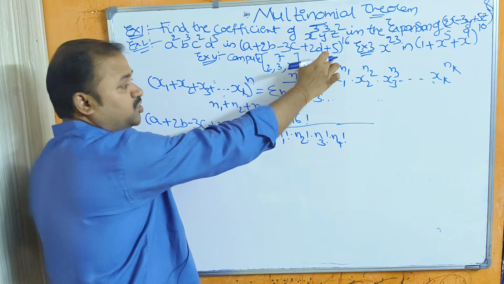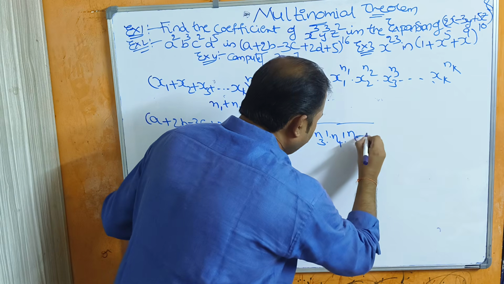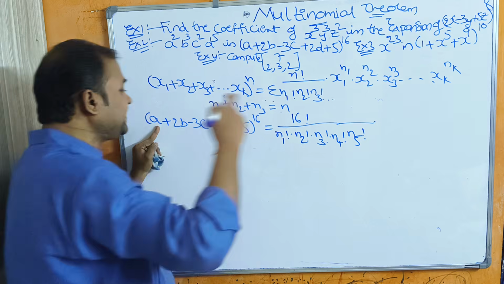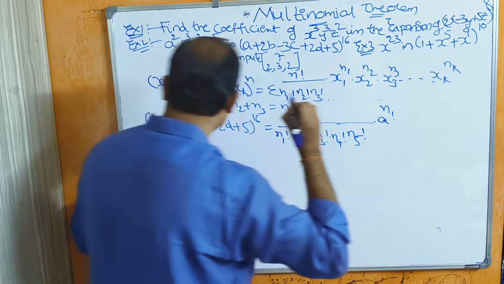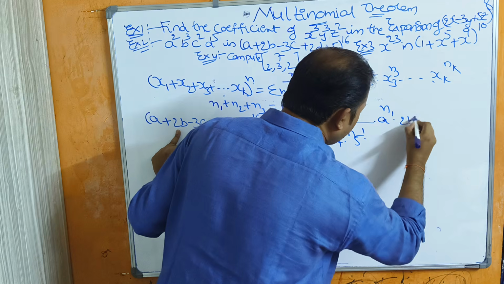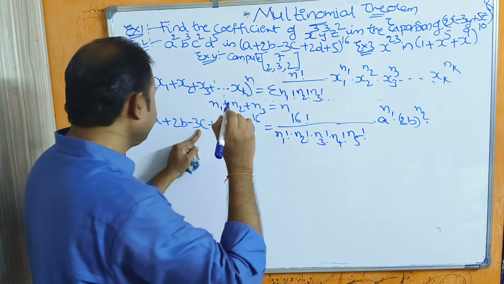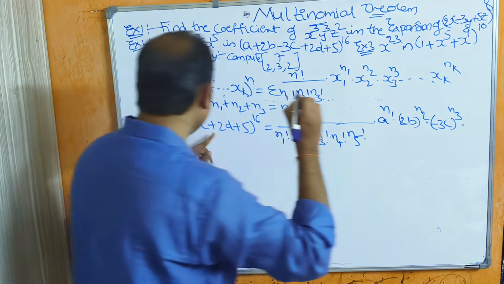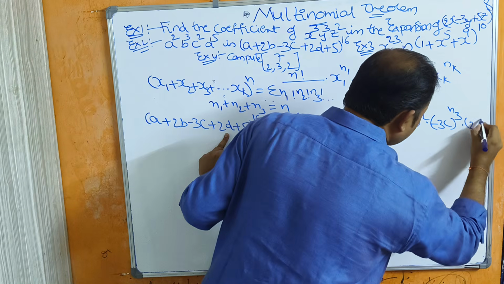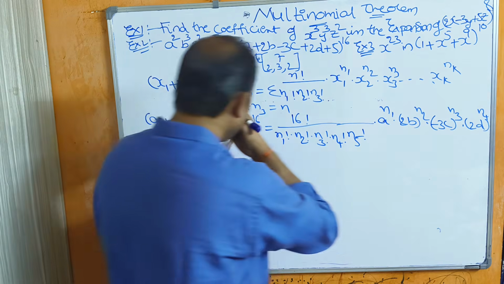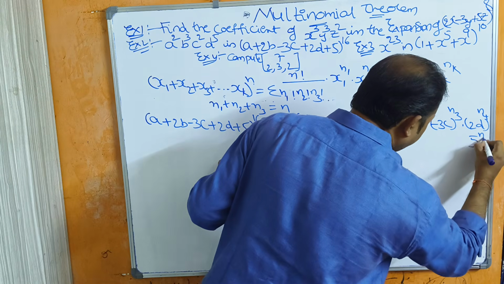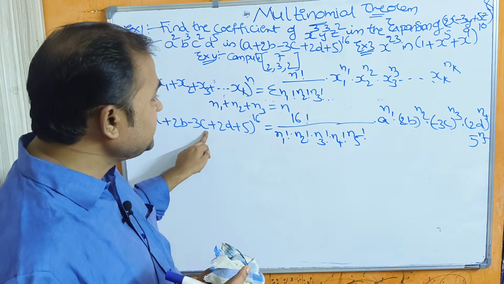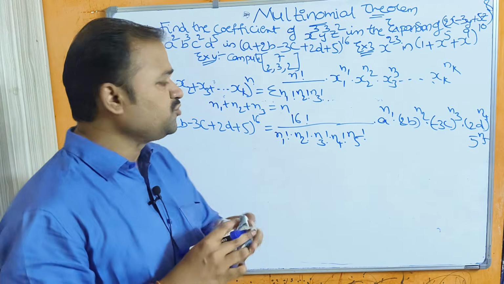Here we have a fifth term also, that is 5, so we need to write n5 factorial into x1 power n1. Here x1 is a, so a power n1 into x2 value is 2b, so 2b whole power n2 into x3 value is, here we have a minus symbol, so minus 3c whole power n3 into x4 value is 2d, so 2d whole power n4 into x5 value is 5, so 5 power n5.